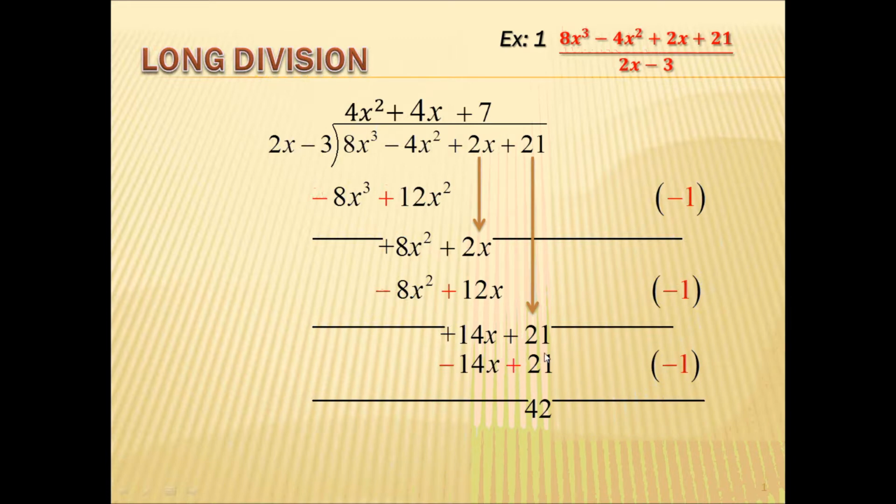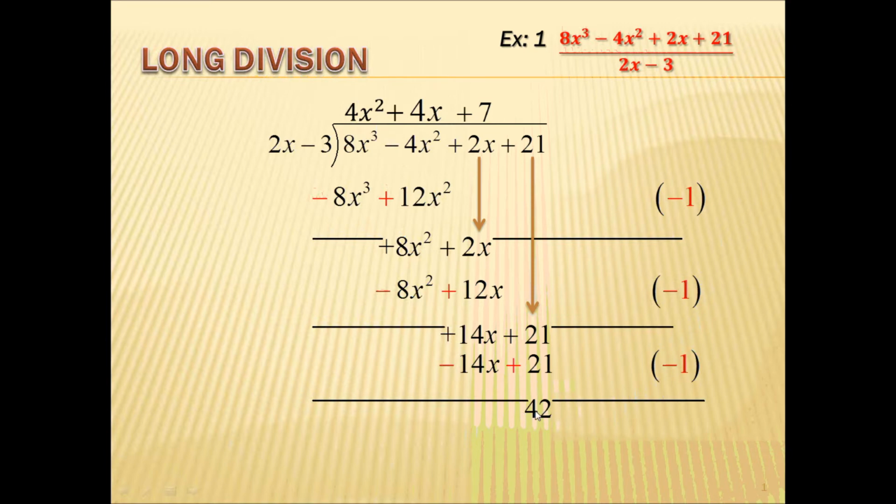It becomes plus 21, and it's placed there. Algebraically adding, I've gotten rid of the 14x, so it becomes 0, and plus 21 will give you plus 42. And this is the remainder that you have right here. You have the answer up here and the remainder right there.